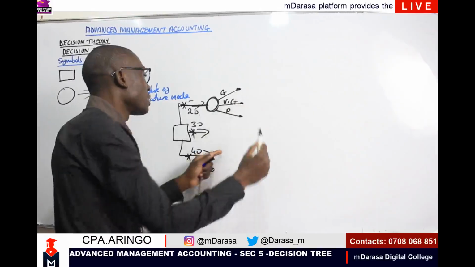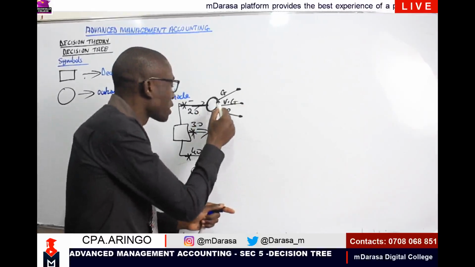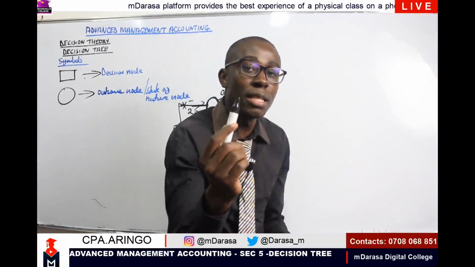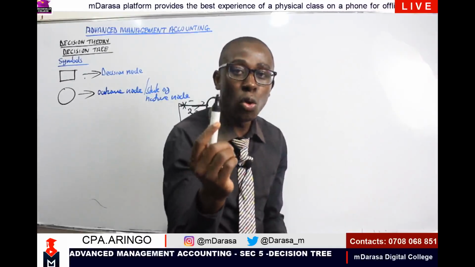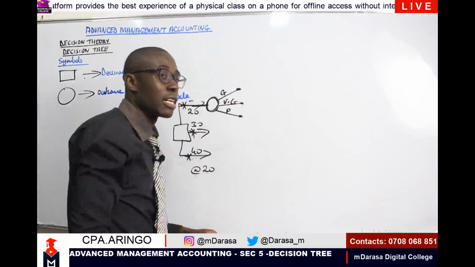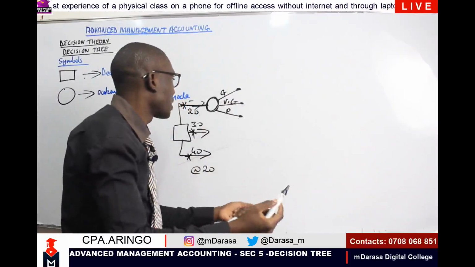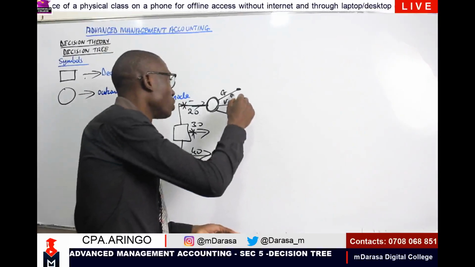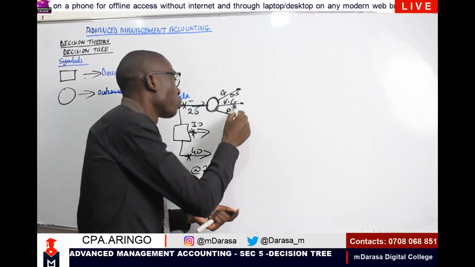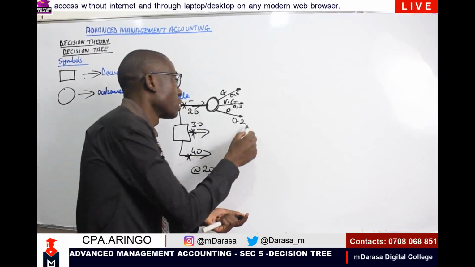The beauty of it, my good students, is that this node is always represented by probability, because we are very uncertain of what will come. So maybe there's a chance the state of nature will be good, 0.5; very good, 0.2; and poor, 0.2.